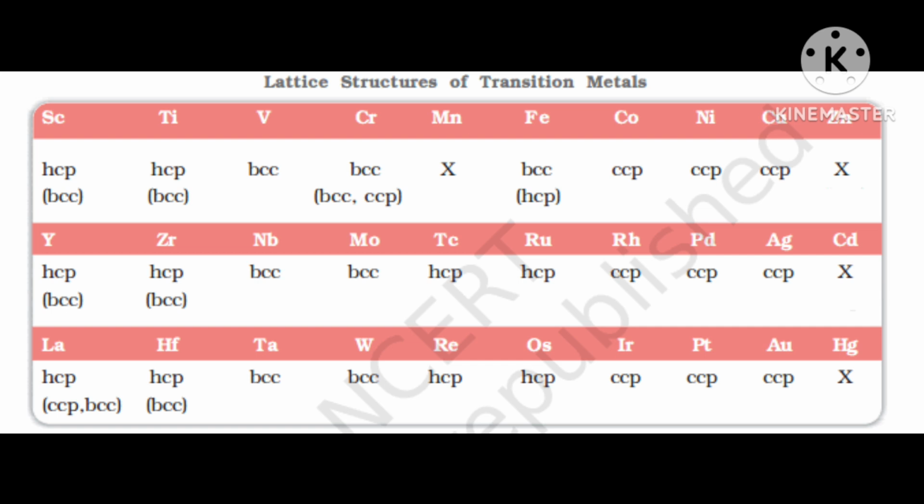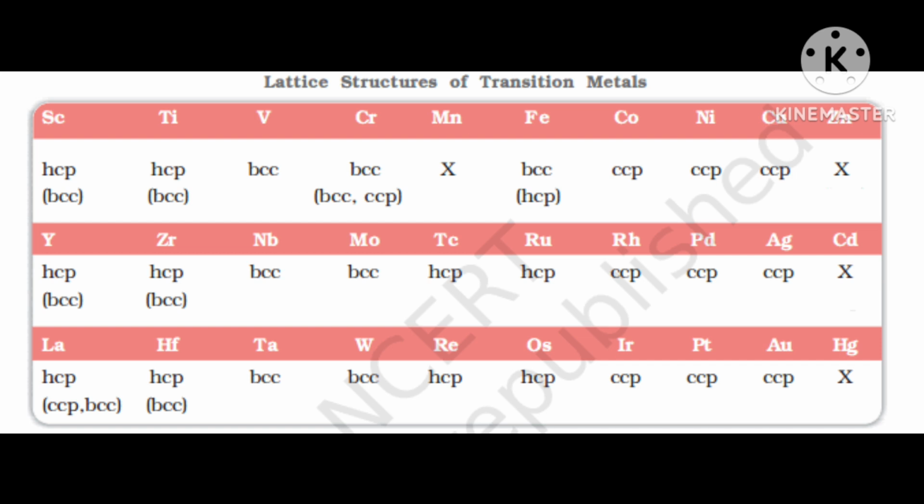After that ruthenium is more than Tc, and rhodium is again less than Ru, ruthenium, and again silver is lowest in the second series.